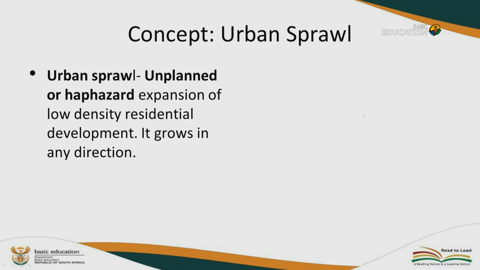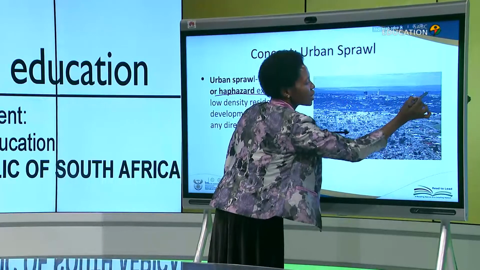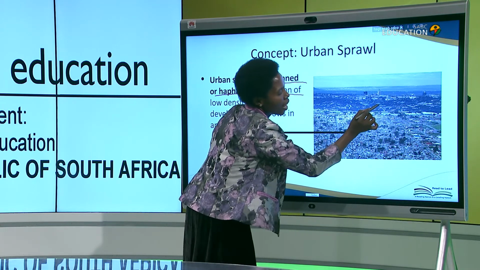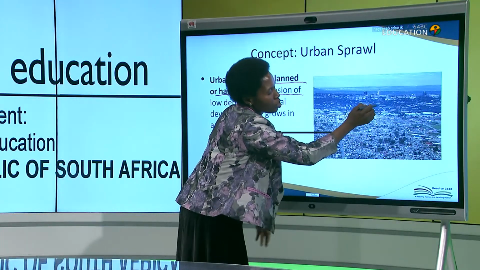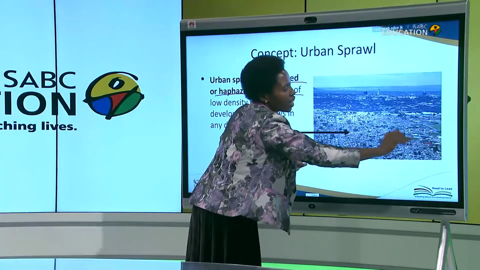When we look at urban sprawl, we are looking at unplanned or haphazard expansion in the city. Okay, what do we mean by that? Let us look at the diagram. When we look at this picture here, we have the buildings that are in the CBD. And then behind that, the city is growing wide, spreading outside.